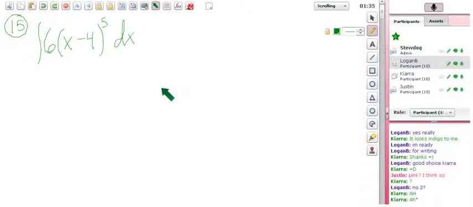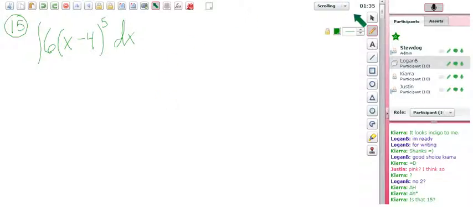That's number 15, because I have 15 as being completely different. That's because I'm looking at 15 from 8.1. There you go.